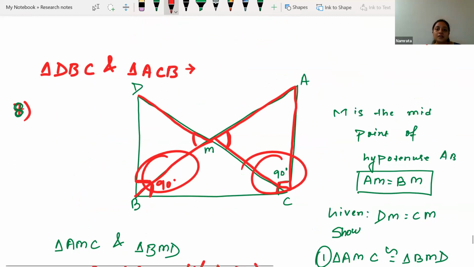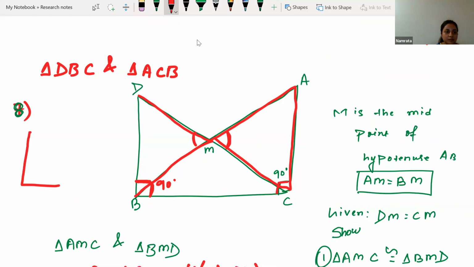So let's see what information we have in hand about these two triangles. When we focus on this triangle and this triangle, we can see side BC is common in both the triangles.